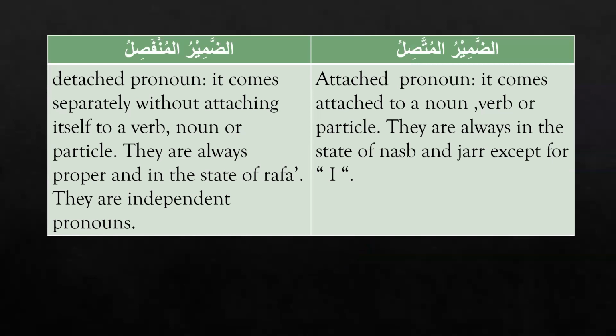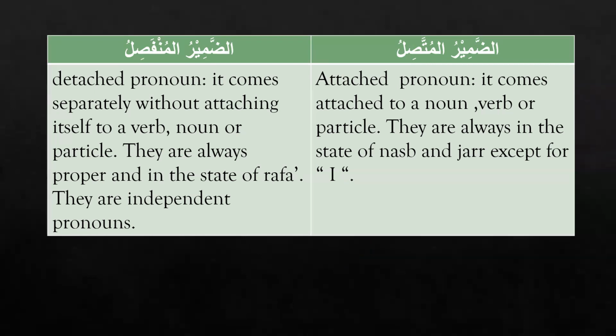See here, ad-damir munfasil is the detached pronoun, and it comes separately without attaching itself to a verb, noun, or a particle, and they are always proper, as we already saw in the chart, that the pronouns are proper. They are marifa, and always in the state of rafa.